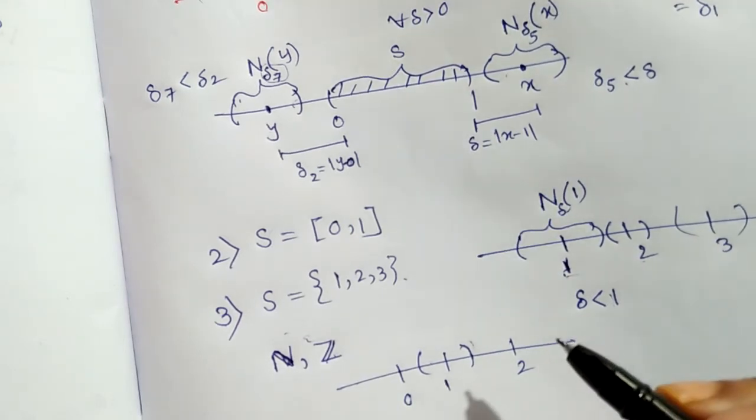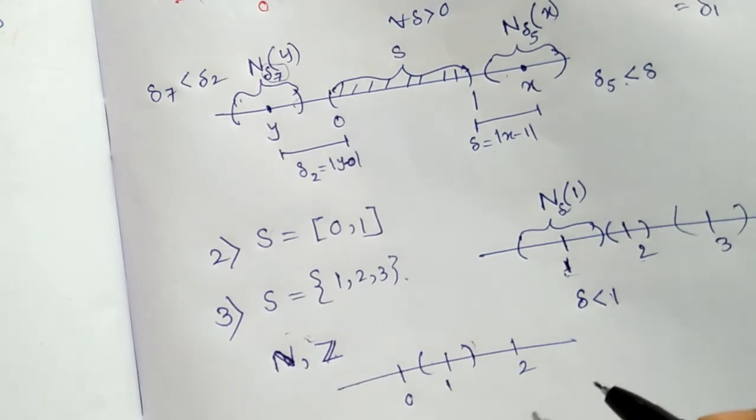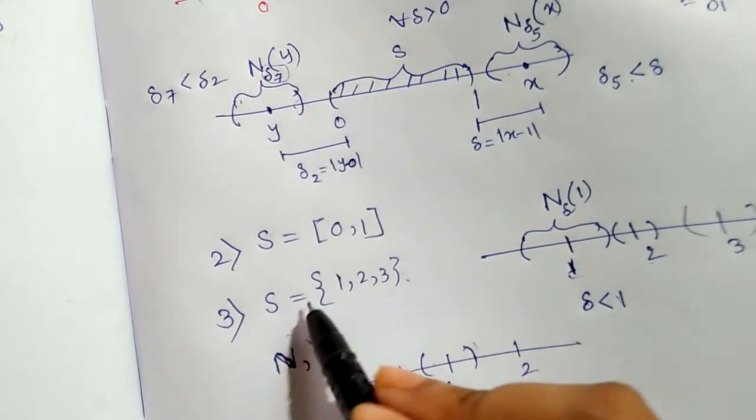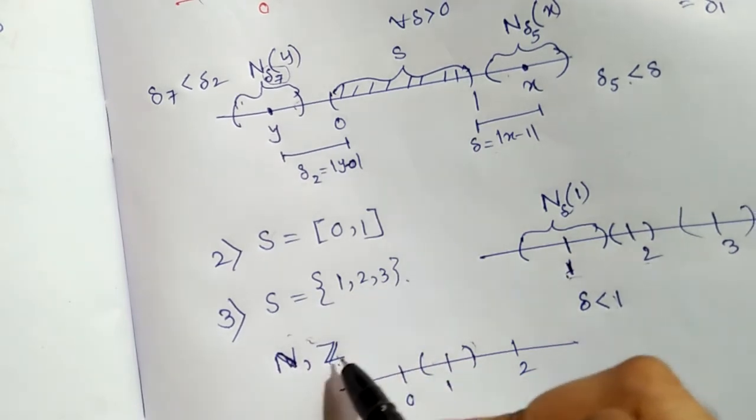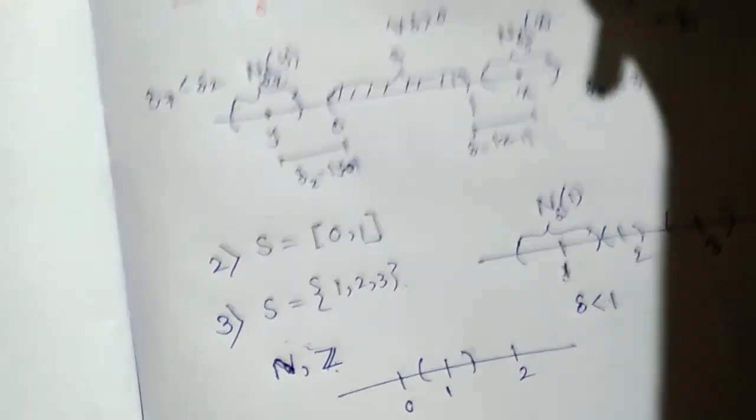So 1 is not a limit point of this set, and so on for the other points. So finite sets, N and Z have no limit points.